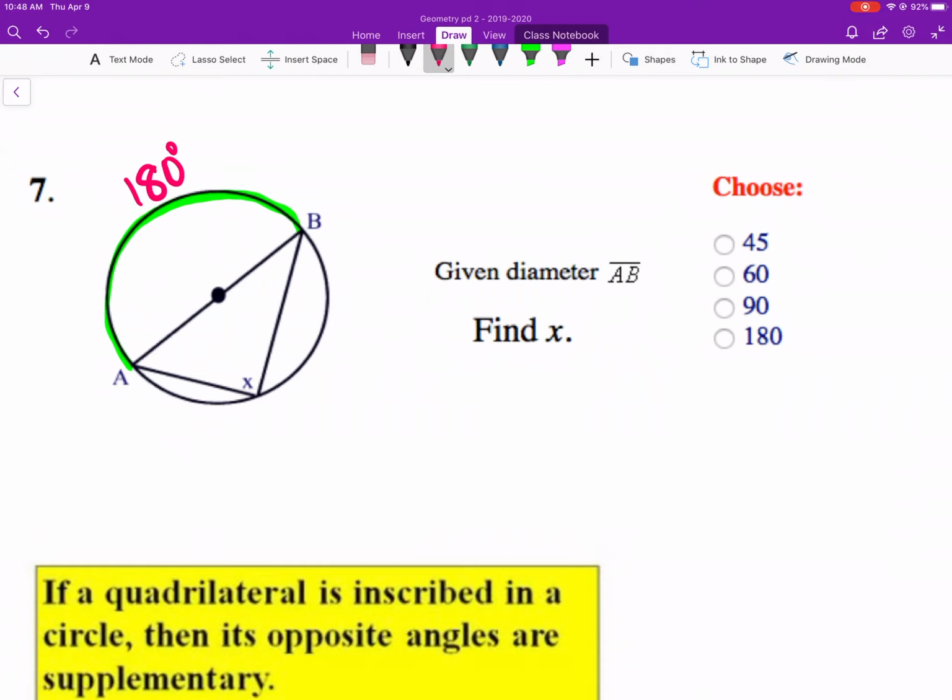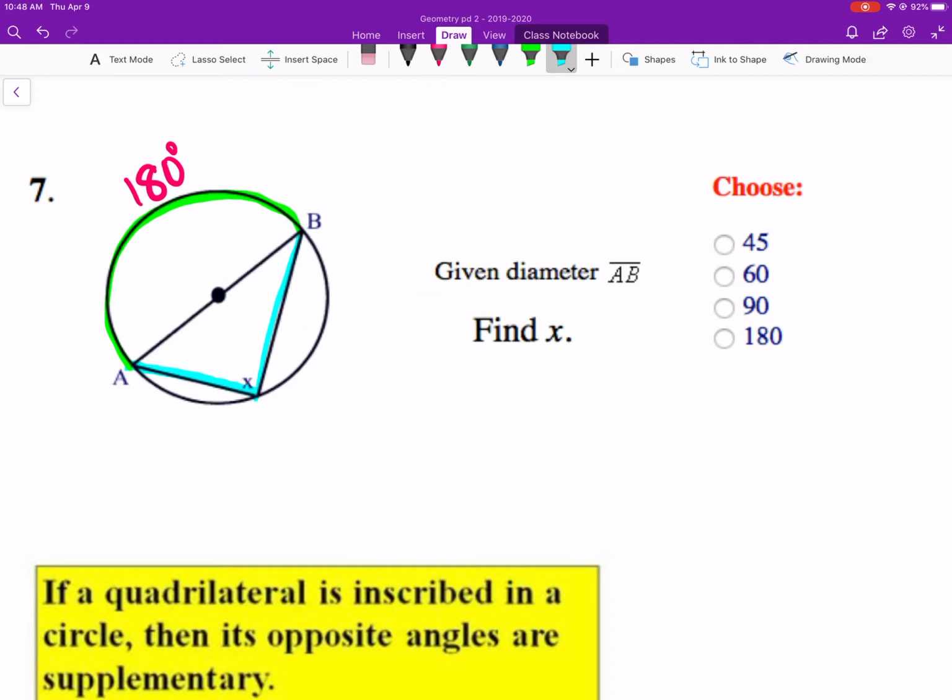Now, this is an inscribed angle in a semicircle. Here's what I mean by that. This angle of x opens up here and opens up here, and intercepts an arc that's exactly half the circle.